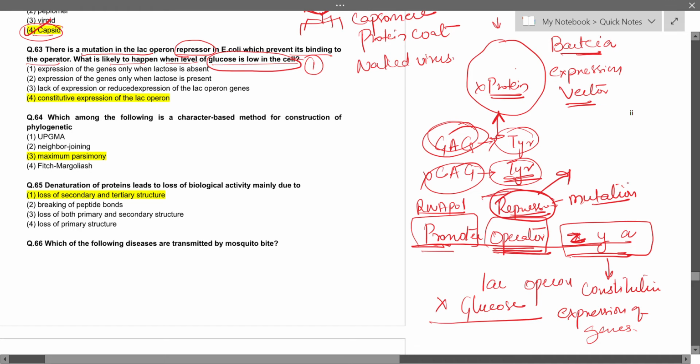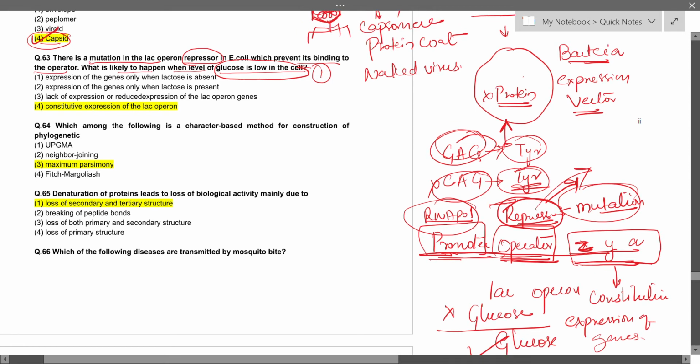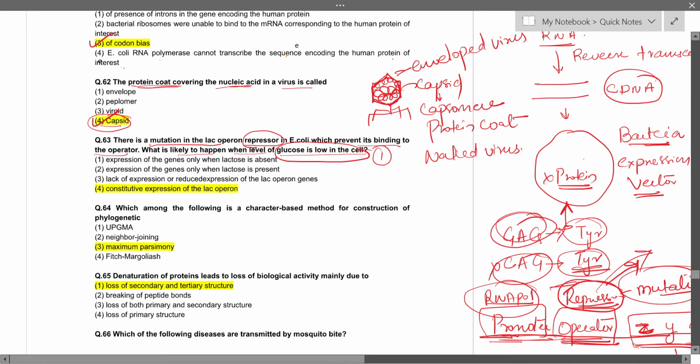Because there is a mutation in the repressor, the repressor is removed from here, and the RNA polymerase is going to transcribe these genes, and now glucose is produced. So there is a constitutive expression of the lac operon.